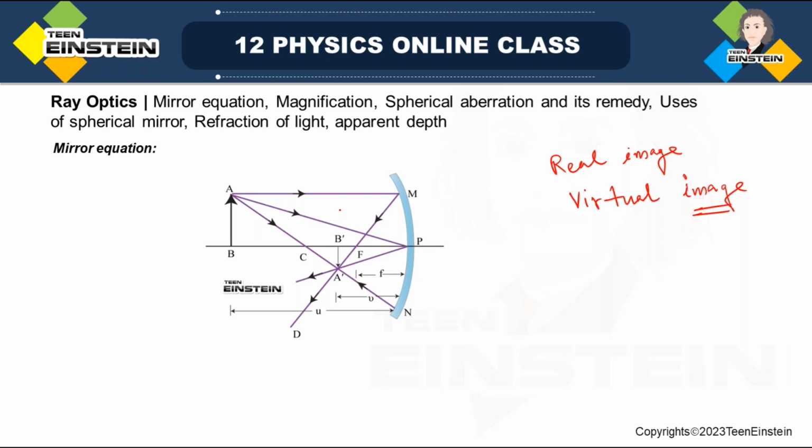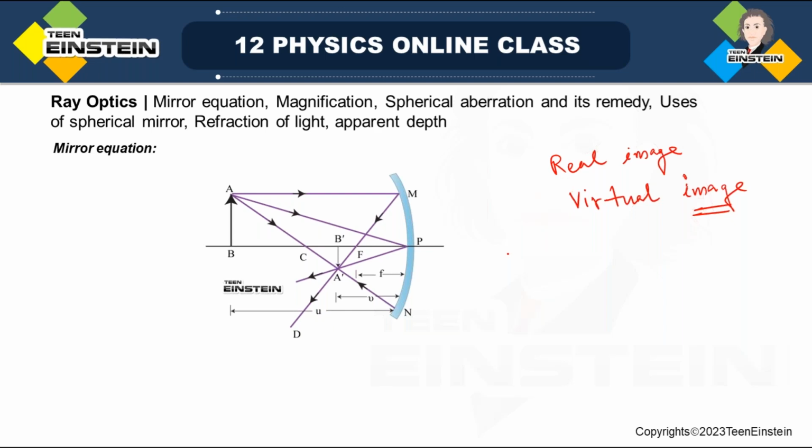But analytically, without drawing the figure or the geometric image formation, you can also say the position and the nature of the image by doing a small calculation.